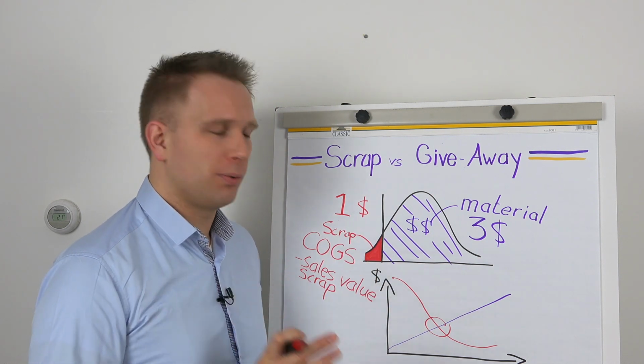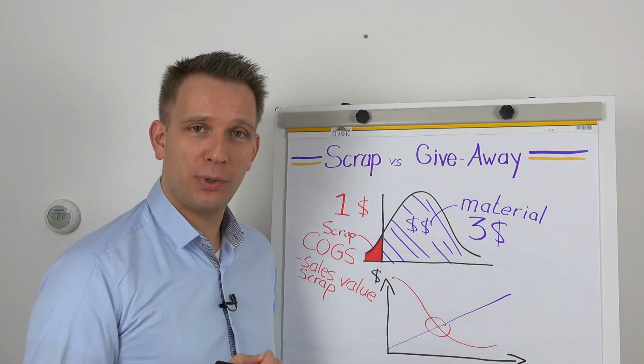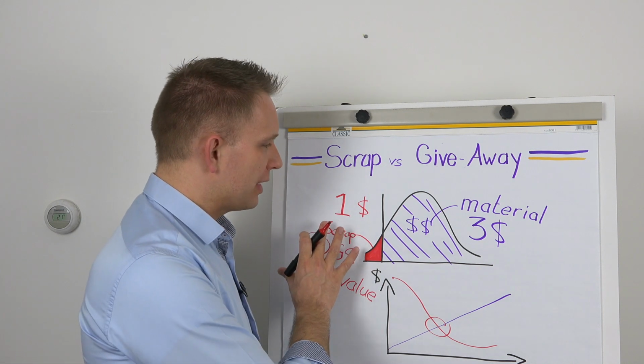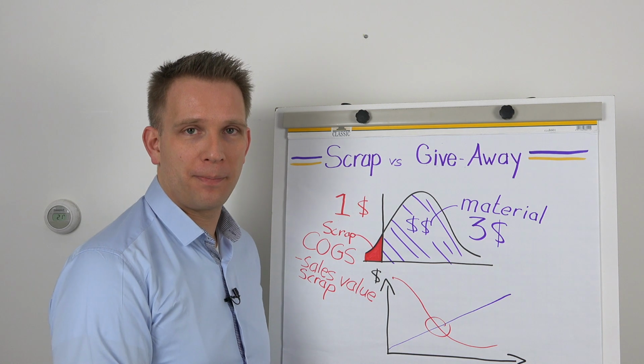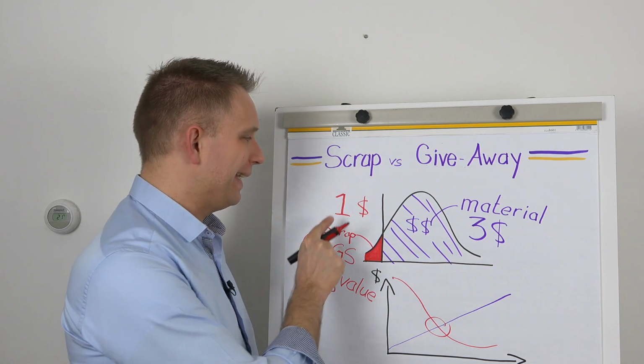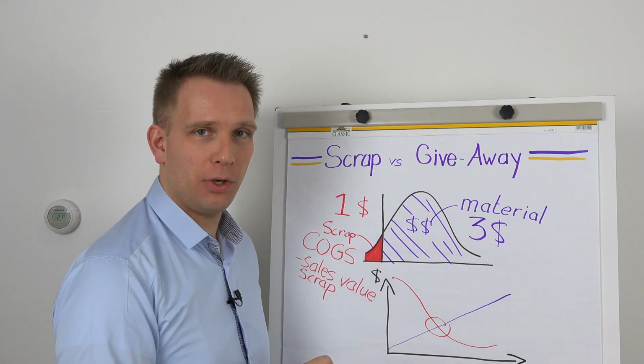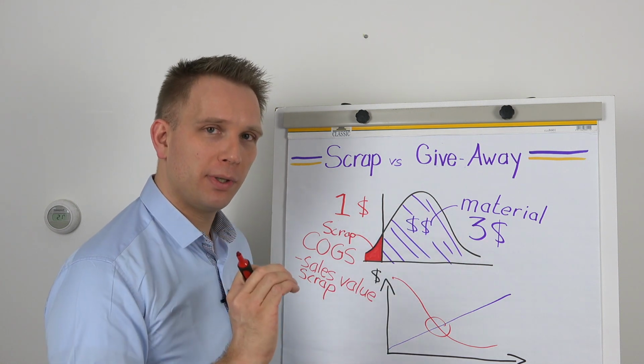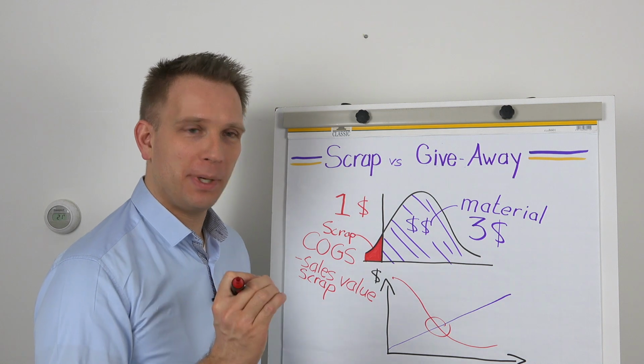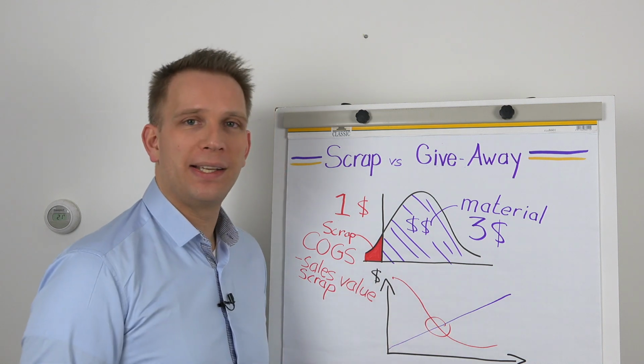So if you have a production organization where there is a relatively high scrap value and you see that the net scrap costs are lower than your material cost, really make sure that for the day-to-day optimizations you track this number.